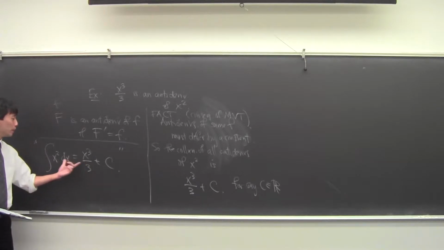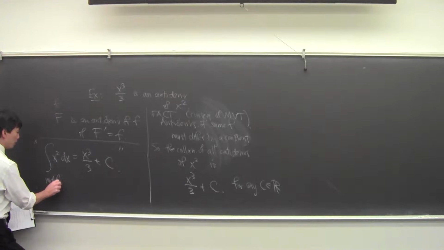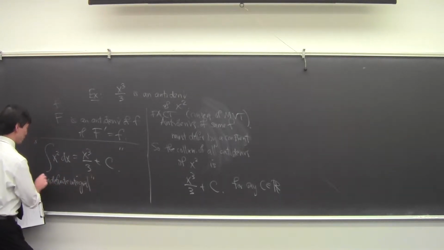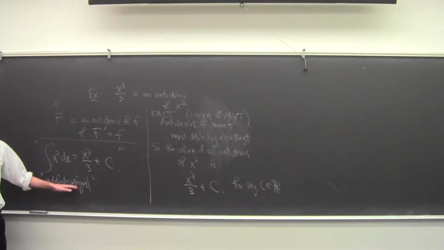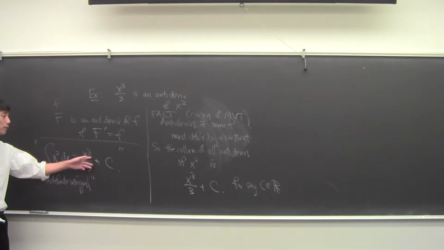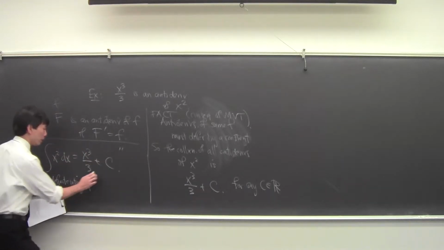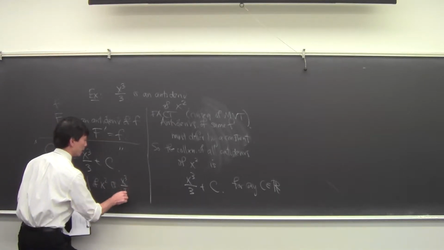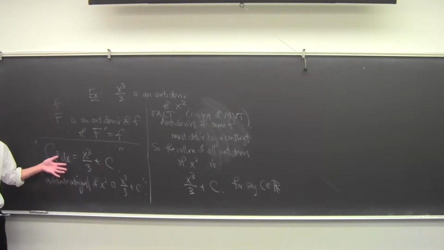Okay, and this is what we call an indefinite integral. The language is, you say the indefinite integral of x squared is x cubed over 3 plus c. But that's shorthand.